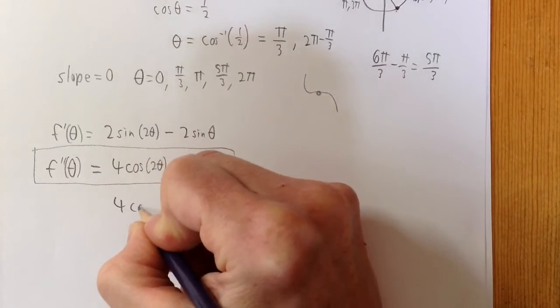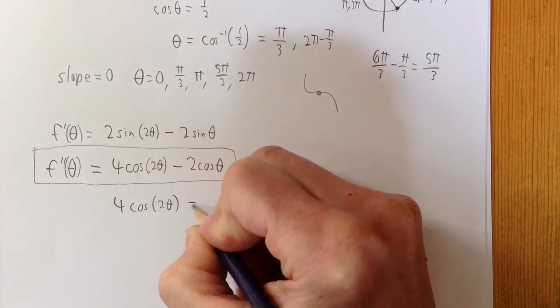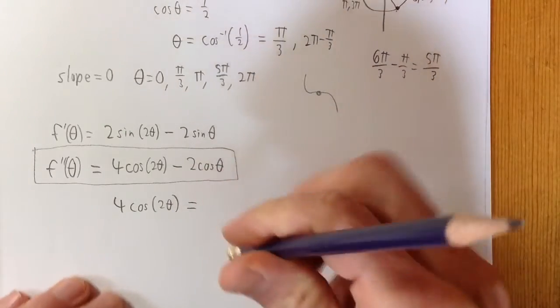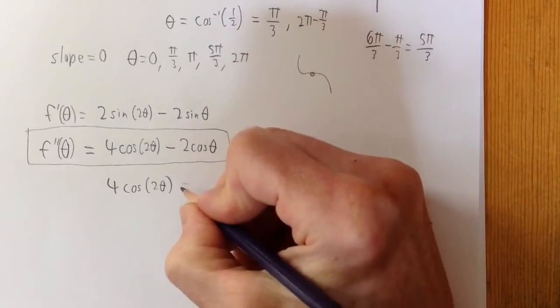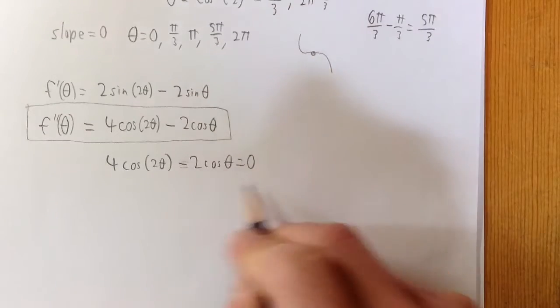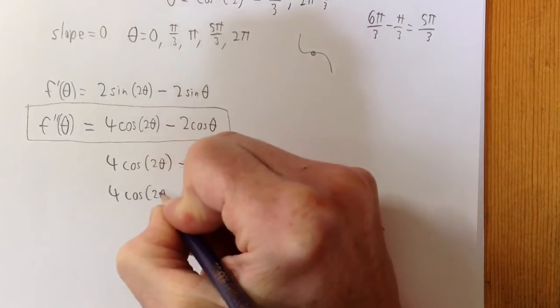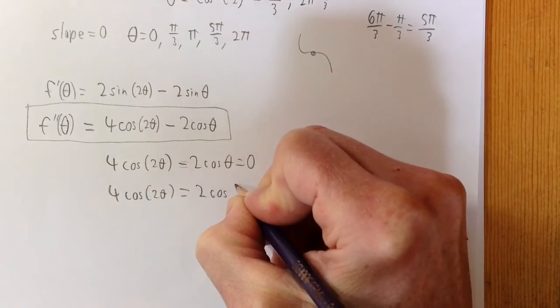So 4 cosine of 2 theta minus 2 cosine theta is equal to 0. I'll just set that equal to 0 and show all my work. Put the 2 over there, so we have 4 cosine of 2 theta is equal to 2 cosine theta.